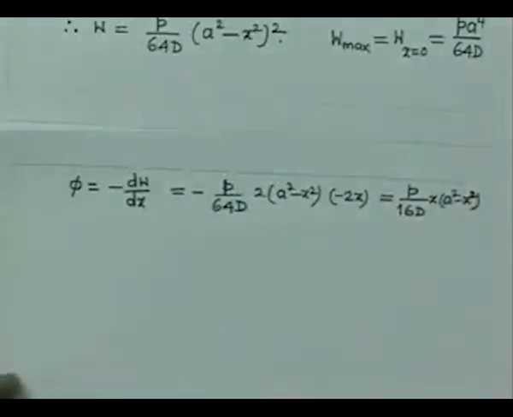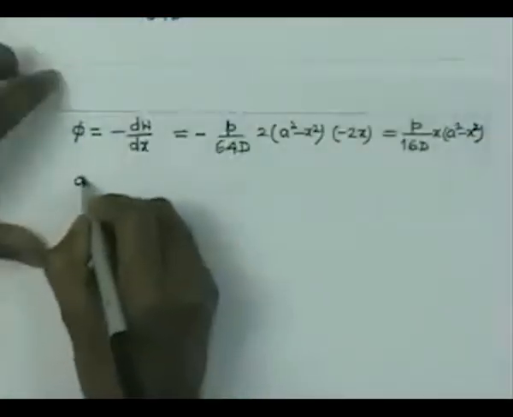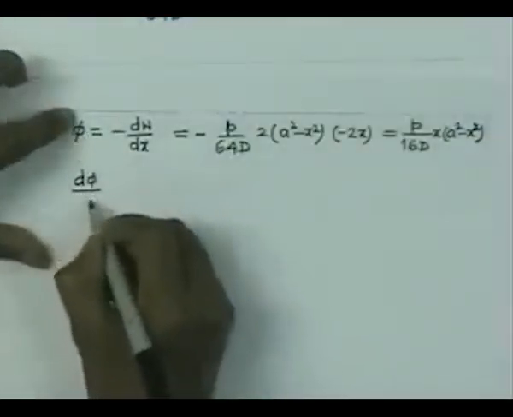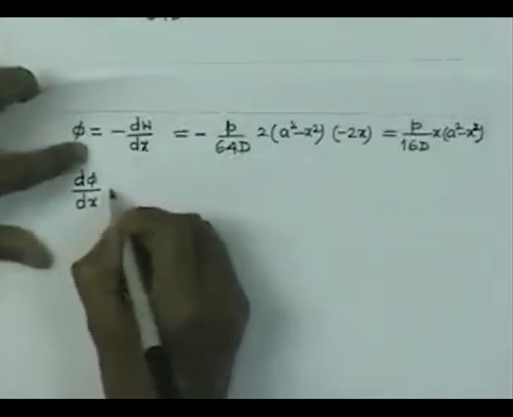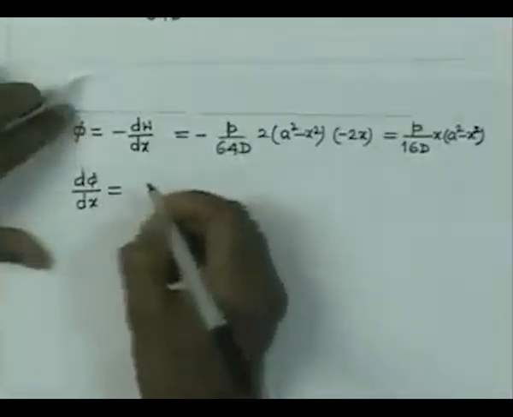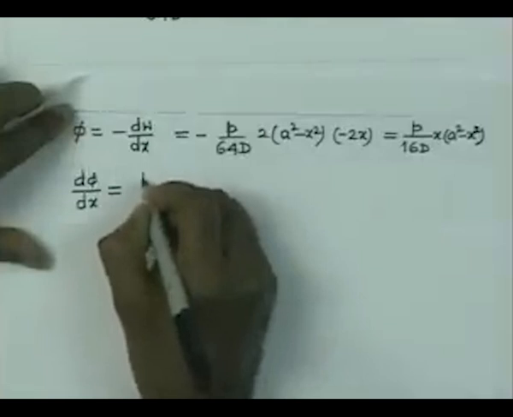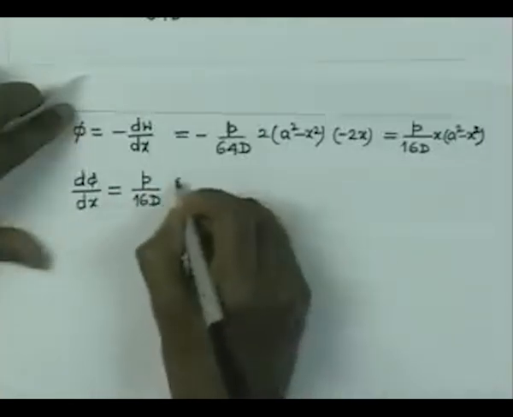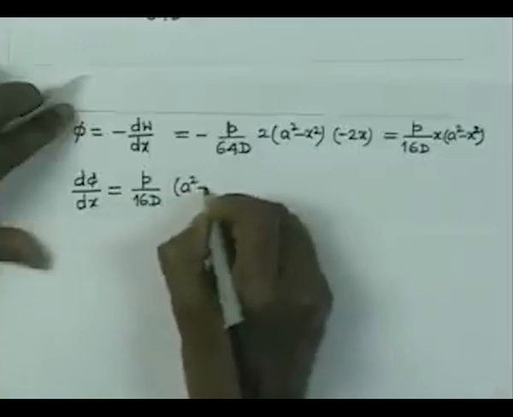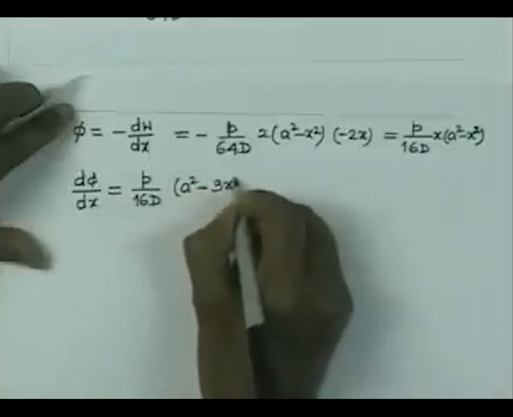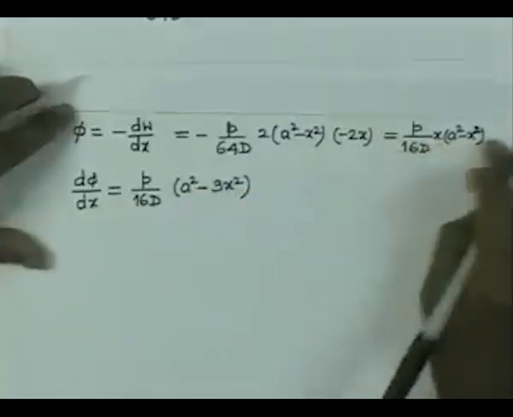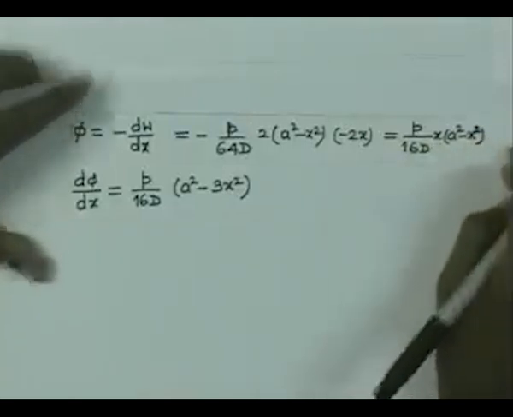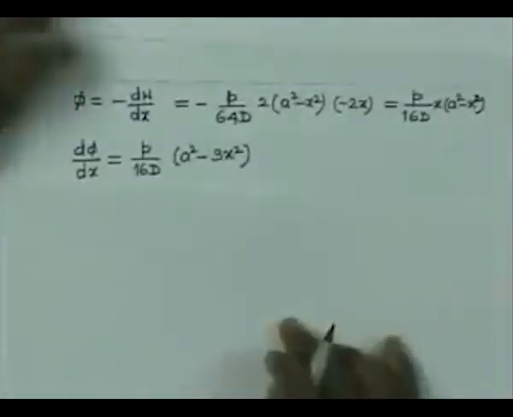So that is the expression for the slope phi, and we can now write d phi/dx as P by 16d times a square minus 3x square. So we can write this as a square x minus x cube. That gives us d phi/dx.